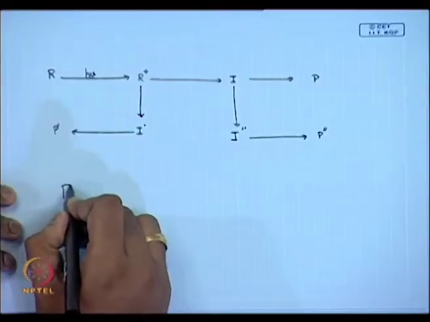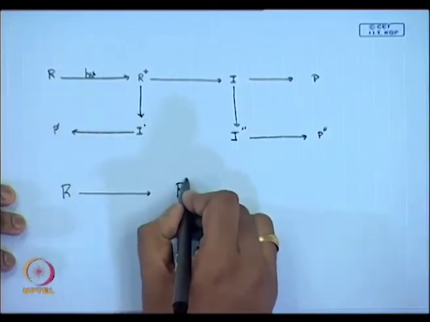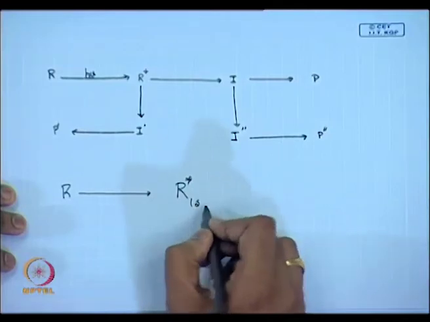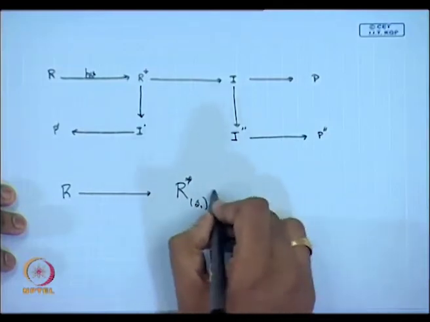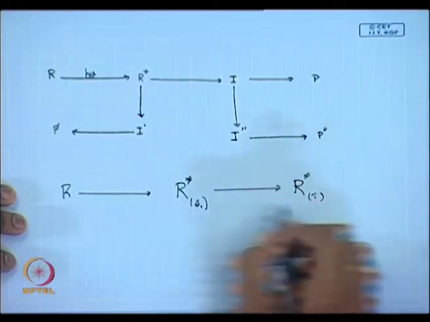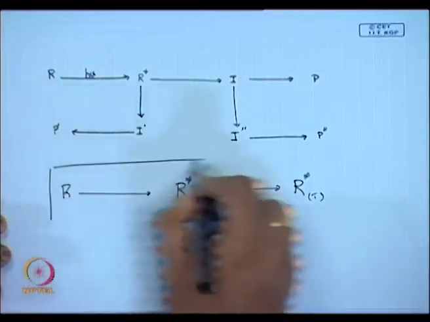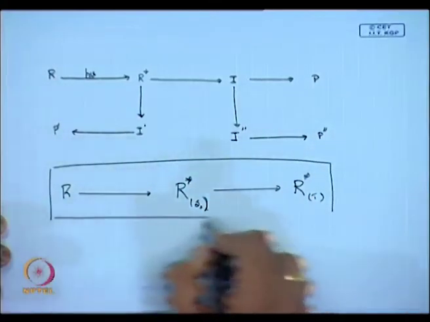So, this is how I am going to end, saying that if you have an R, R gets excited to your R star singlet, and R star singlet can give me R star triplet. So, we will end up today with this note.